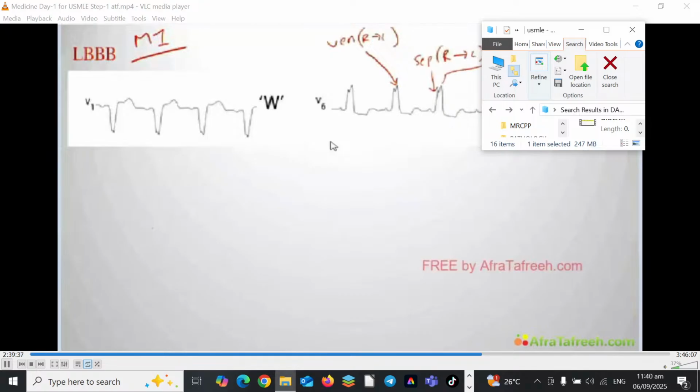A patient presenting to you with sudden onset left bundle branch block can be having myocardial ischemia. The subendocardial layer, where the conducting fibers are present, is the most vulnerable to ischemia. This is the reason why ischemia results in left bundle branch block. Clear? Are you clear with the etiologies?